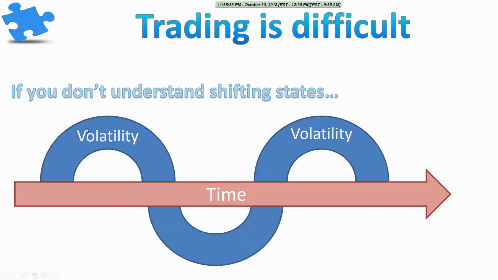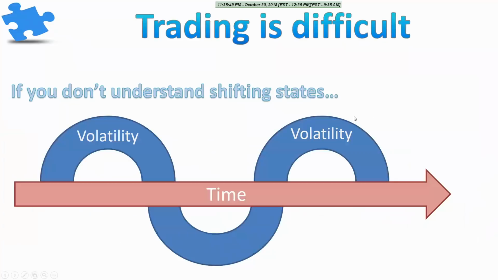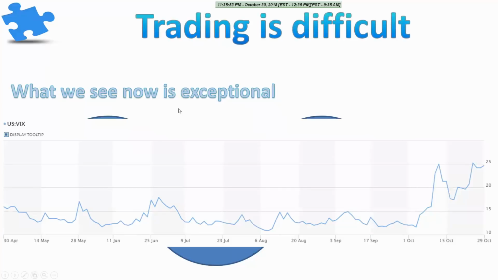Now, one of the things we said, right, is that over time, volatility changes, and you've got to understand the shifting states. But what's happening right now is not this, right? So I said the volatility is going to change and affect your setups. What I'm talking about when I say the volatility is going to change is this stuff here.